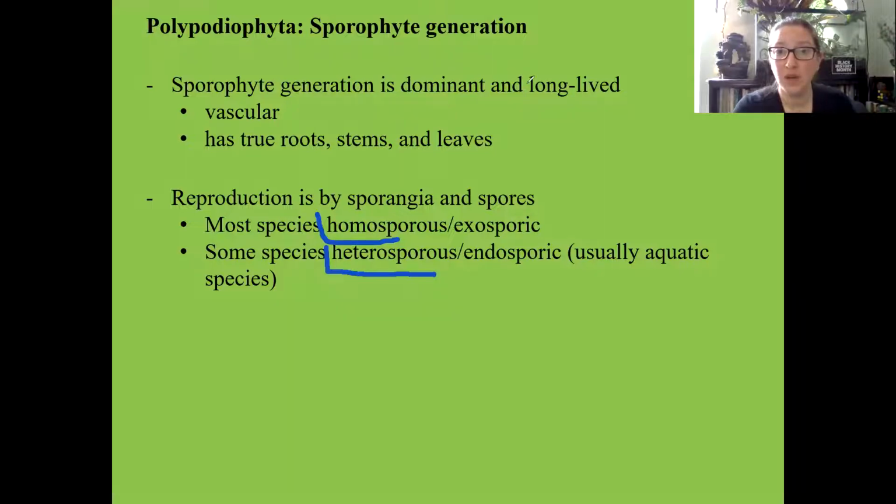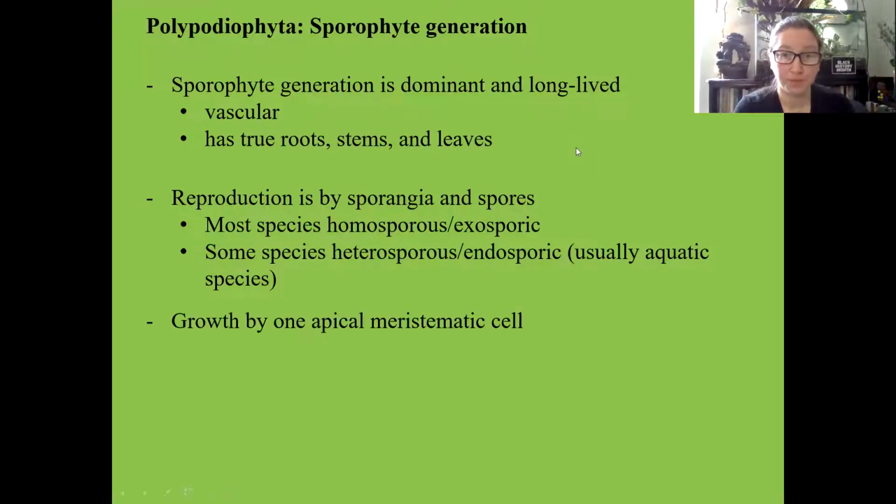Whereas terms like exosporic and endosporic refer to the gametophyte plant, because the gametophyte plant grows, in the case of exosporic, outside of the spore, and in the case of endosporic, inside of the spore. So just a little bit of a reminder there. If a species has homosporous sporophyte plants, it's going to have exosporic gametophyte plants, right? So that's why we say here homosporous/exosporic.